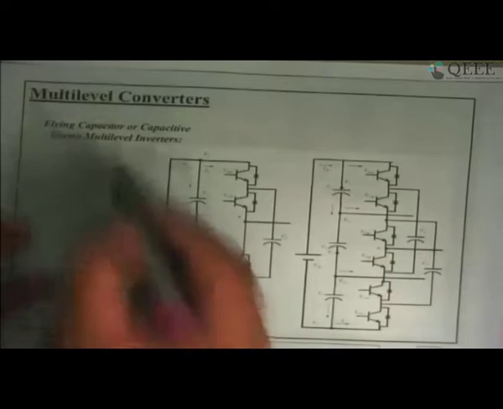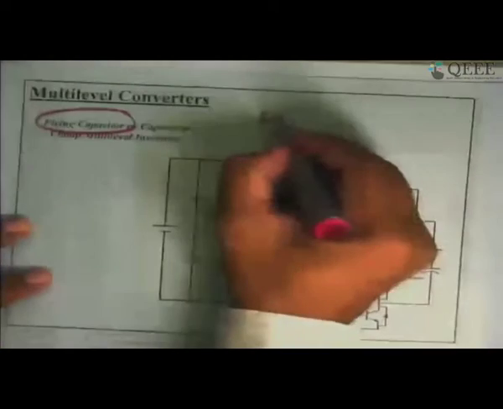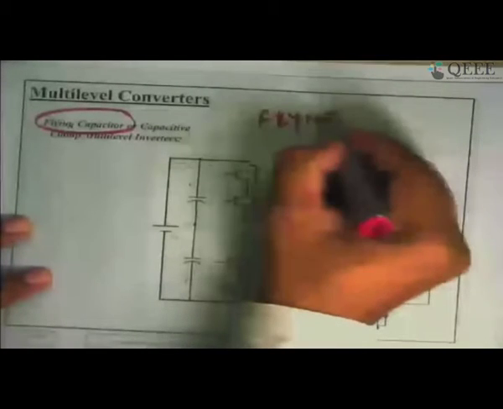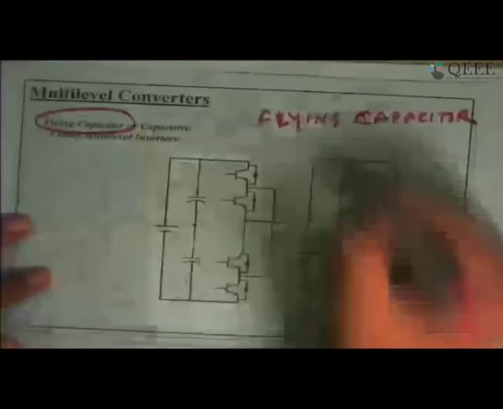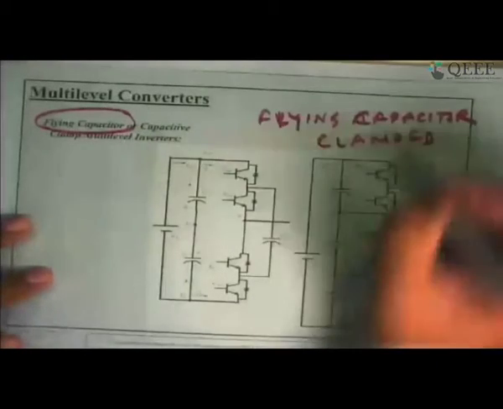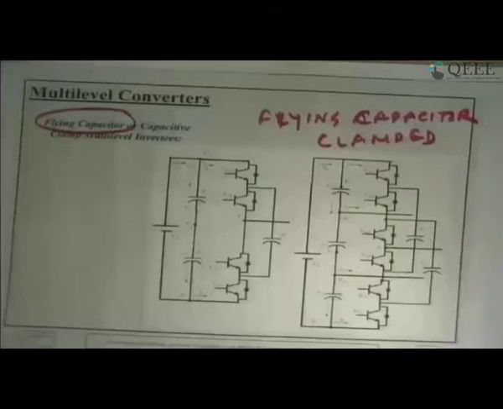So the third type is called flying capacitor. So instead of diodes, if we use capacitor clamp, also we can have a multi-level converter. But this topology is not used much in industry. In industry we actually use diode clamp.